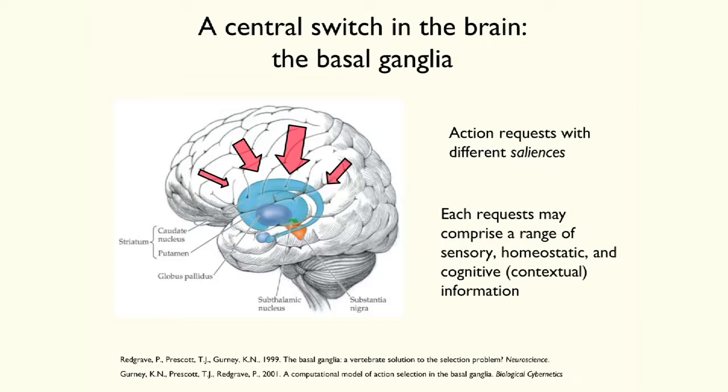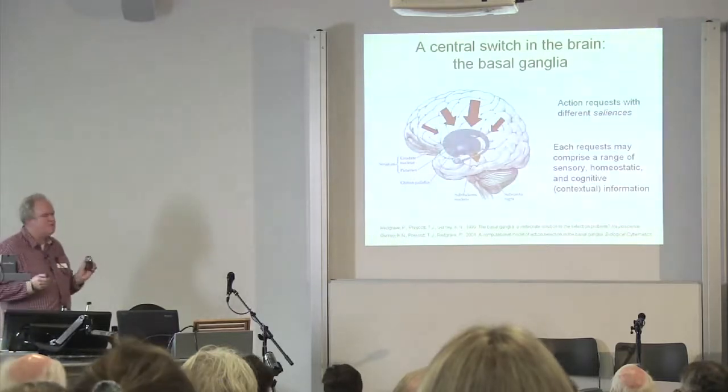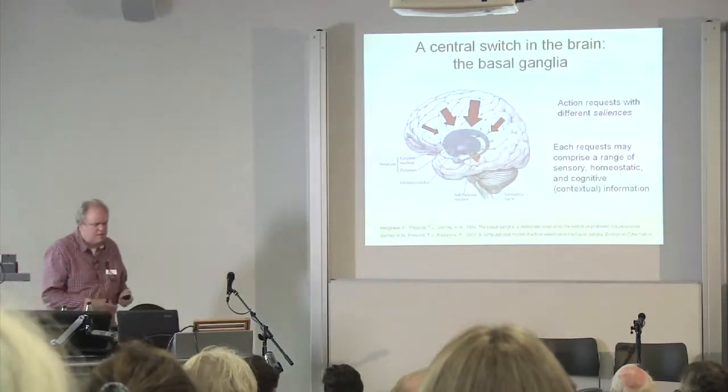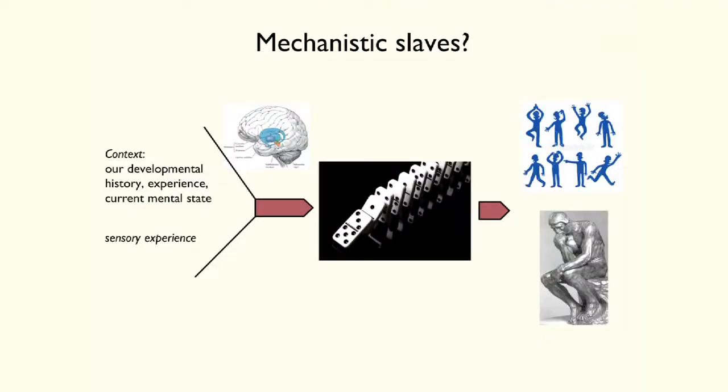Now, these action requests can be complex. They can comprise a range of sensory information, homeostatic information, and cognitive or contextual information. And that's where it gets interesting, because in some sense our context is all of our mental state at this moment in time, which, sure, depends on our sensory experience, but it also depends on your entire life history.